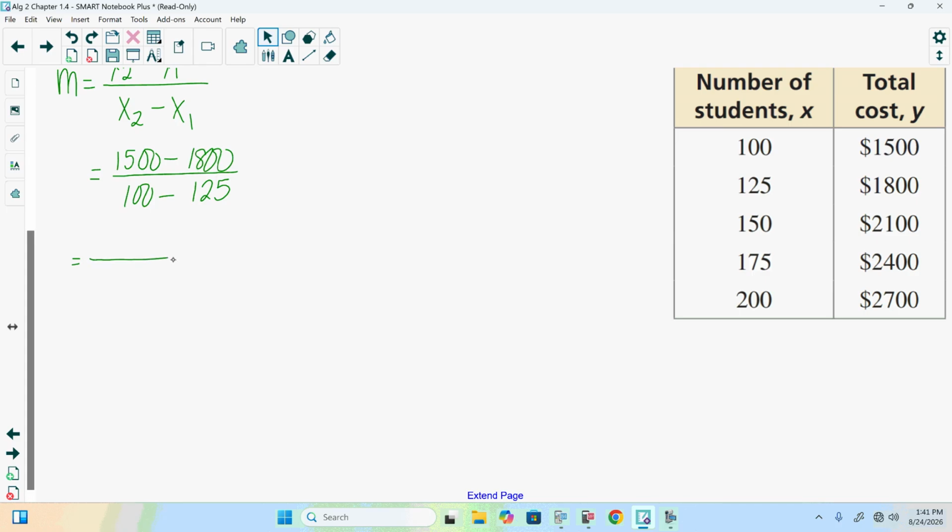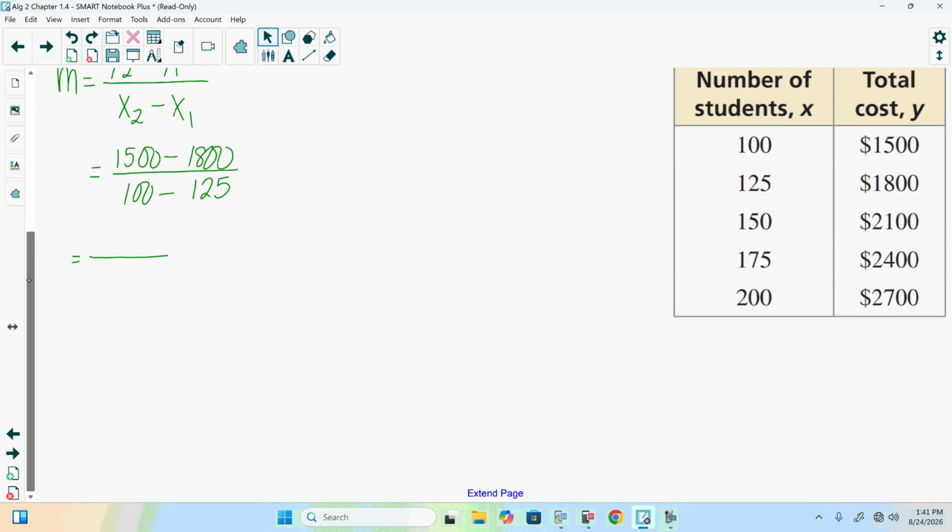Now at this point, we can do one of 2 things. We can either type the whole thing in the calculator or do it by hand. Both are going to get us the exact same answer. Now 1,500 minus 1,800, 15 minus 18. Since 18 is bigger, it would be negative, so we have negative 300. 100 minus 125 is going to be negative 25.